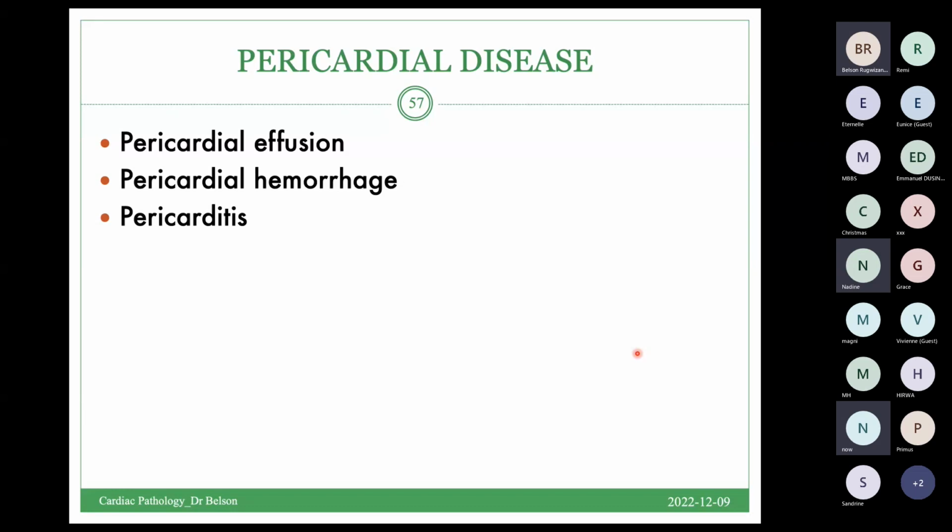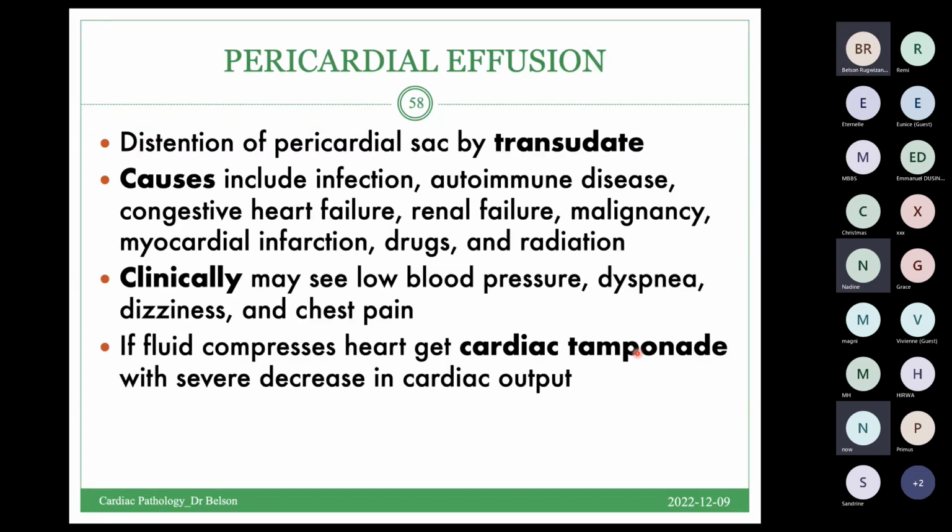And so effusion, it is usually transudate. I hope you remember the difference between transudate and exudate we saw in inflammation and edema and so on. So transudate, it is poor in proteins.